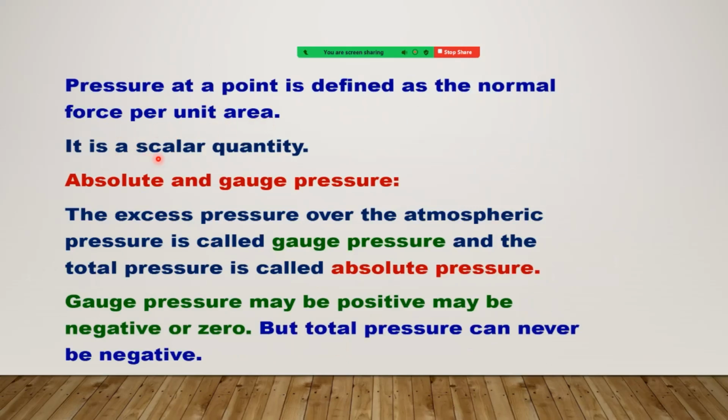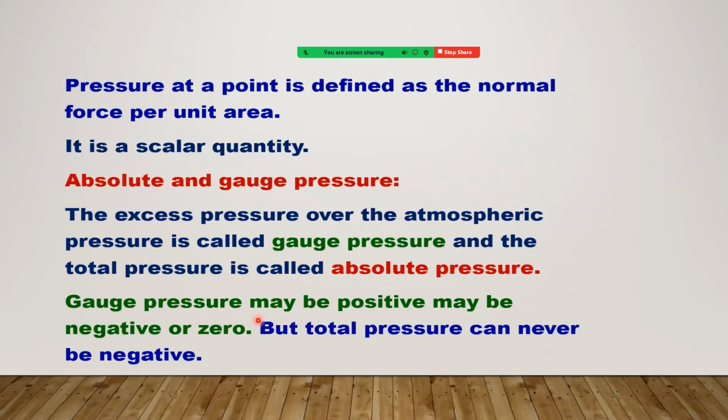It is a scalar quantity. Coming to absolute and gauge pressure, the excess pressure over the atmospheric pressure is called gauge pressure and total pressure is called absolute pressure. So gauge pressure may be positive, negative or zero, but total pressure can never be negative. These are the points we have discussed till now.